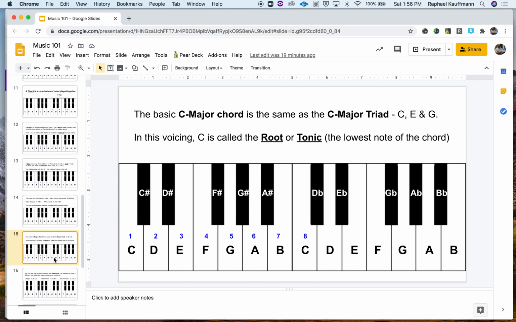The basic C major chord, I've said this already a few times now, is C, E, G. In this voicing, meaning that order of notes, C is called the root or the tonic. And that's really important as we start to think about adding other instruments, especially the bass.